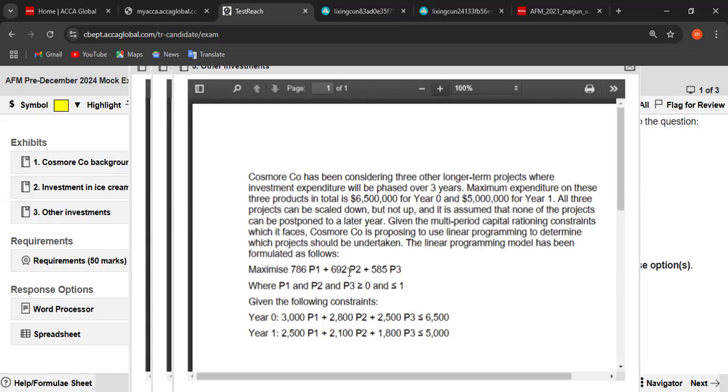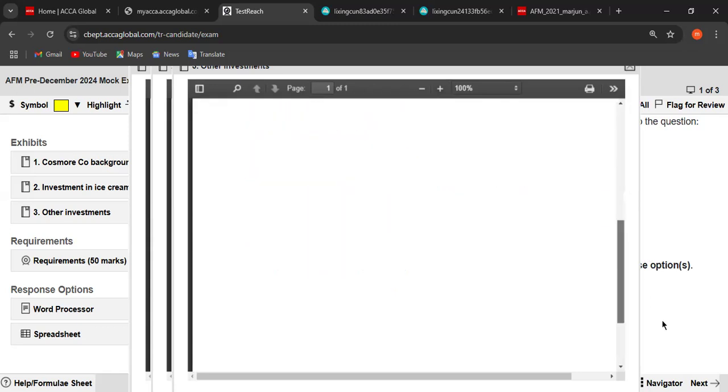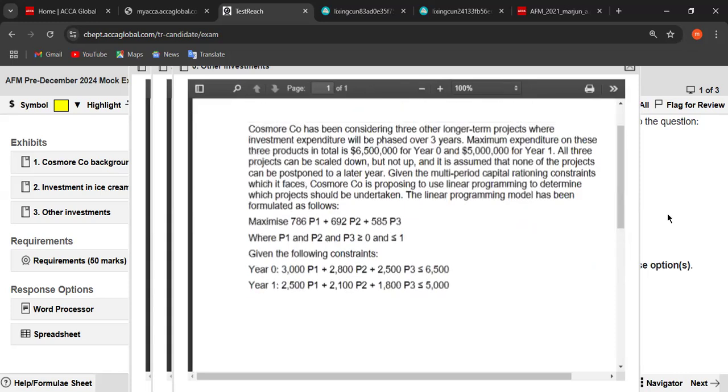Maximize. What is happening in year 0? The examiner has told you that for project 1, which is the first project, in year 0 the requirement is 3,000.